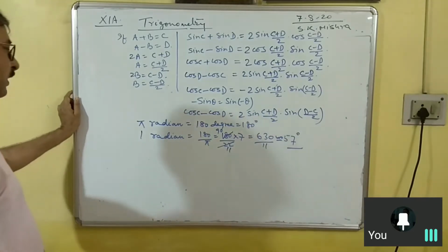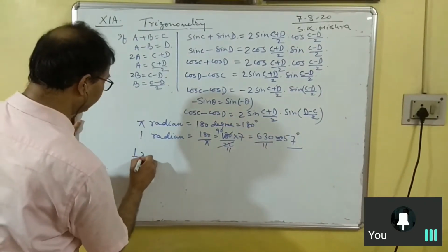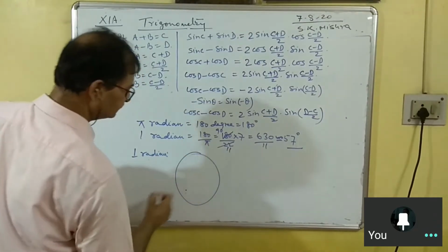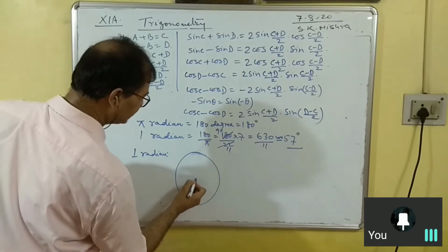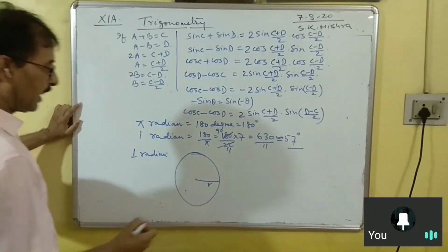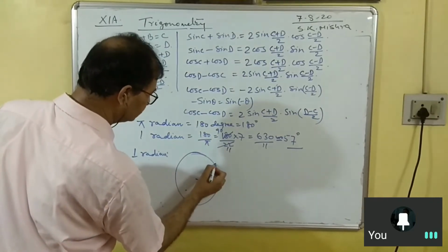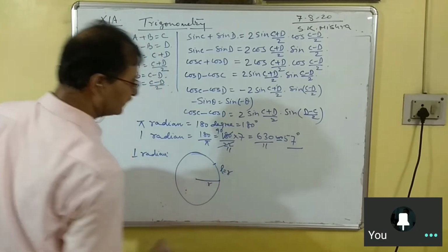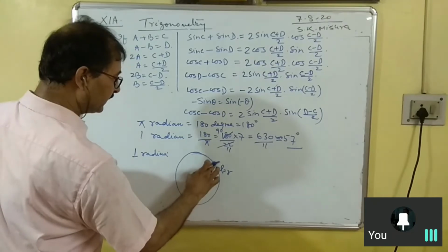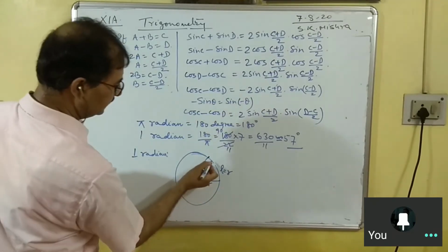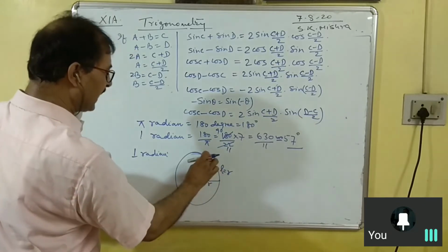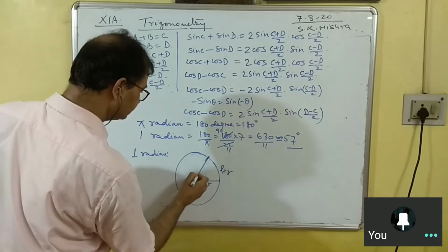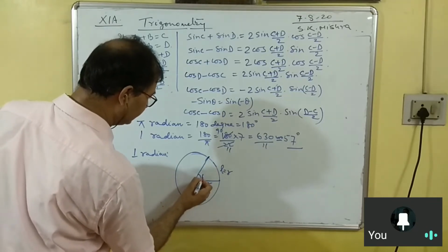So if I ask you what you mean by radian, how will you define 1 radian? It's a very simple concept. If you have a circle and its radius is r, now take an arc of the circle, and suppose the length of the arc is r, equal to the radius. Then see the angle theta.